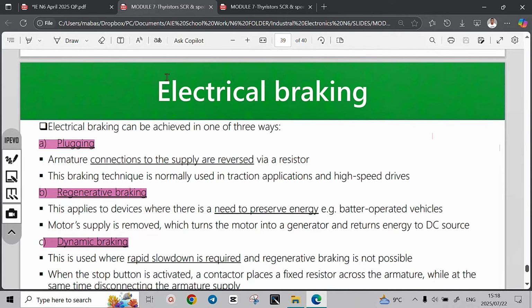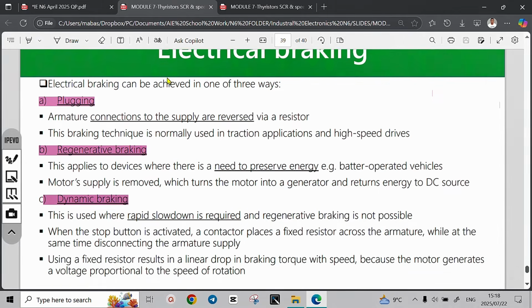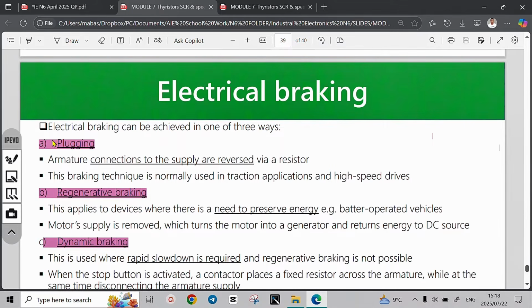Here it's about electrical braking in detail, whereby we are told what really happens when we are dealing with plugging. Armature connections to the supply are reversed via the resistor. This braking technique is normally used in transient application and high-speed drivers.